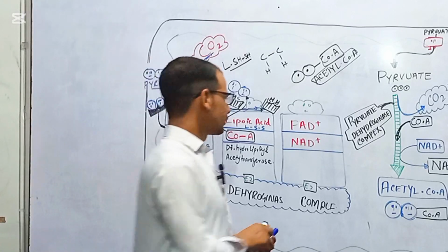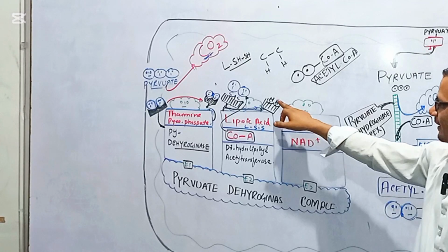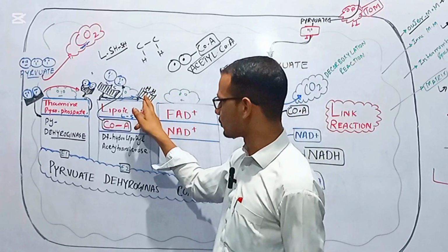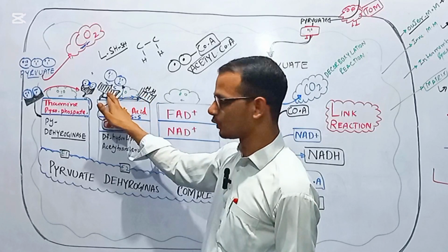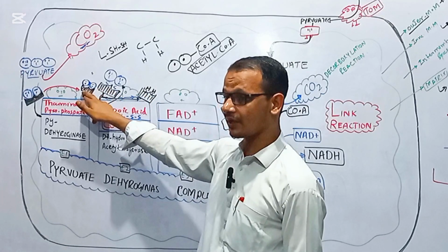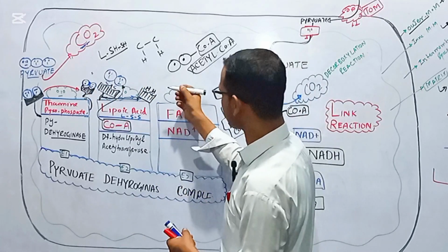Here, what happened to these FAD plus and NAD plus? These are the 2 hydrogen. When this active site is again converting into this situation, so that it will take another acetate, it loses its 2 hydrogen.